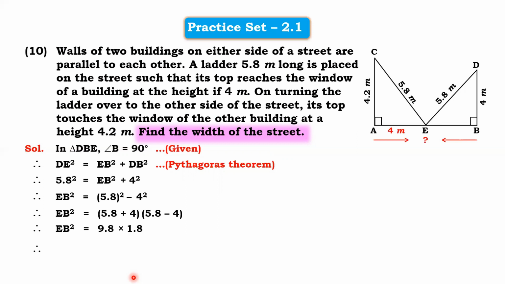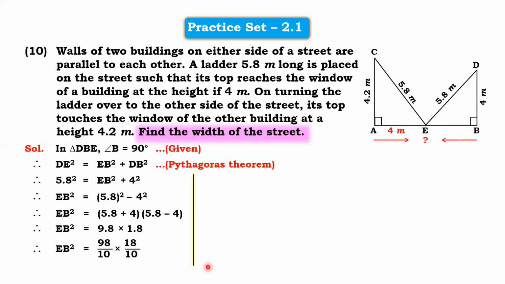Now students, to make the calculation much easier, we'll avoid getting into decimals. That means we'll remove decimals. So if we remove decimals, we have to make it a fraction. Now 9.8 can be written as 98 upon 10, into 1.8, we can write it as 18 upon 10, right?